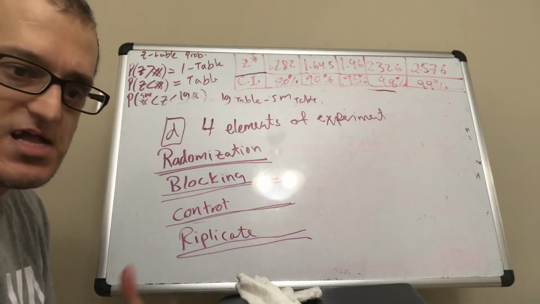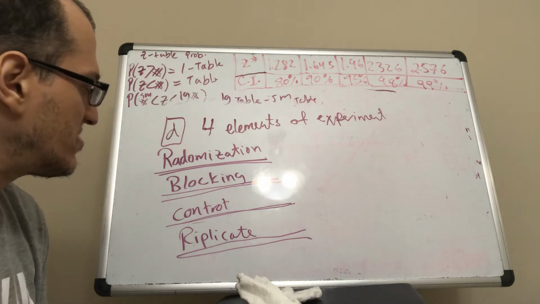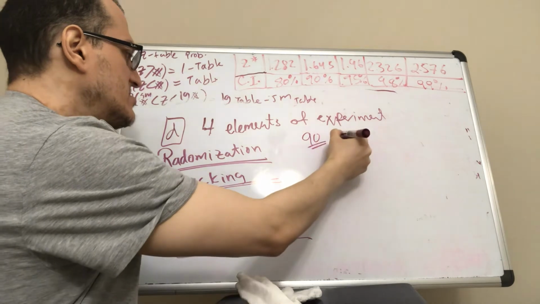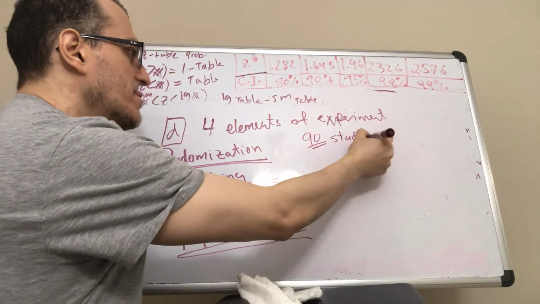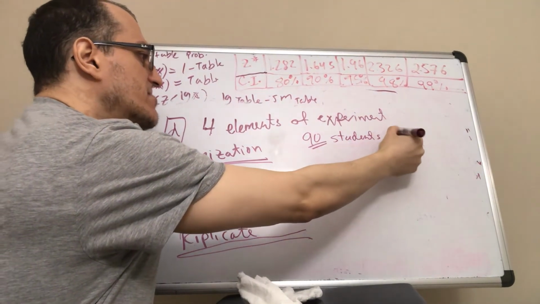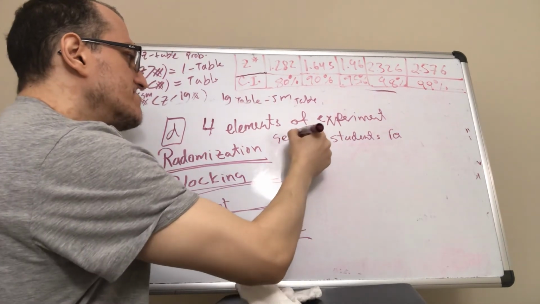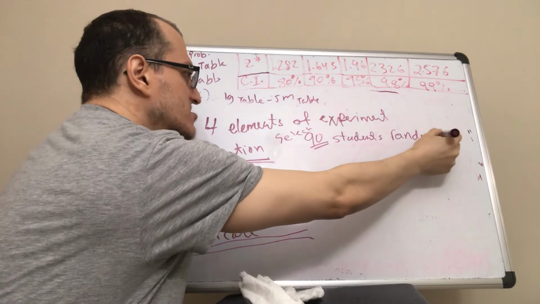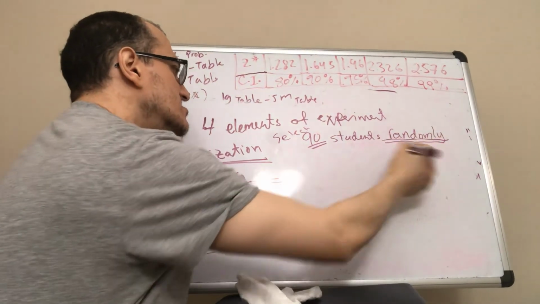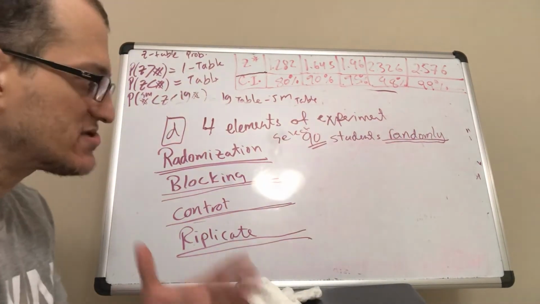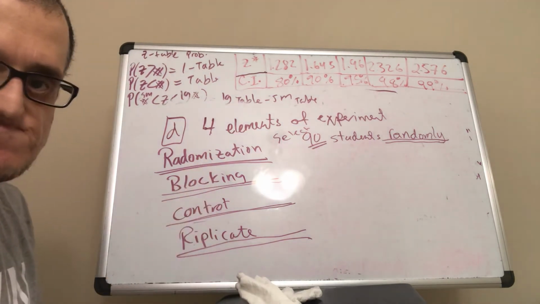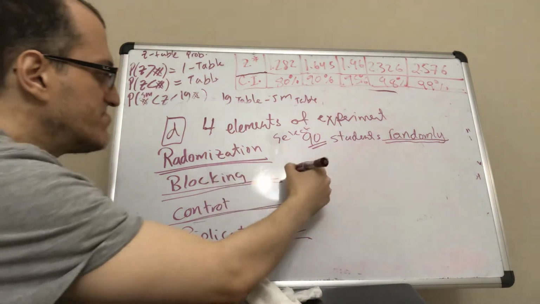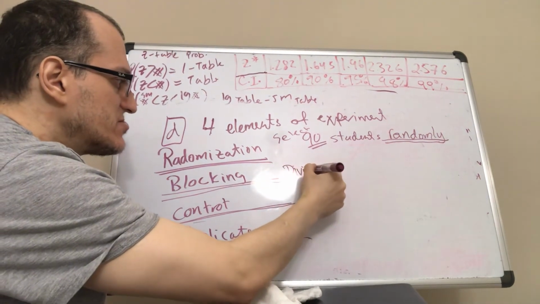So, I'll talk about them in general first. Randomization, let's say you select 90 students. They must say select 90 students, and they must mention randomly. So if they mention that the selection was done randomly, you have randomization. 90 students, blocking would be dividing the 90 into groups.